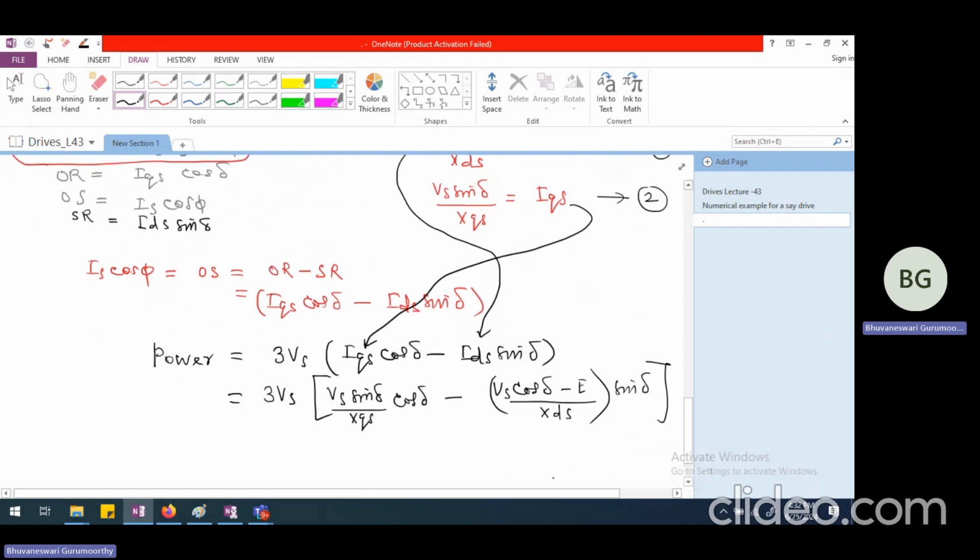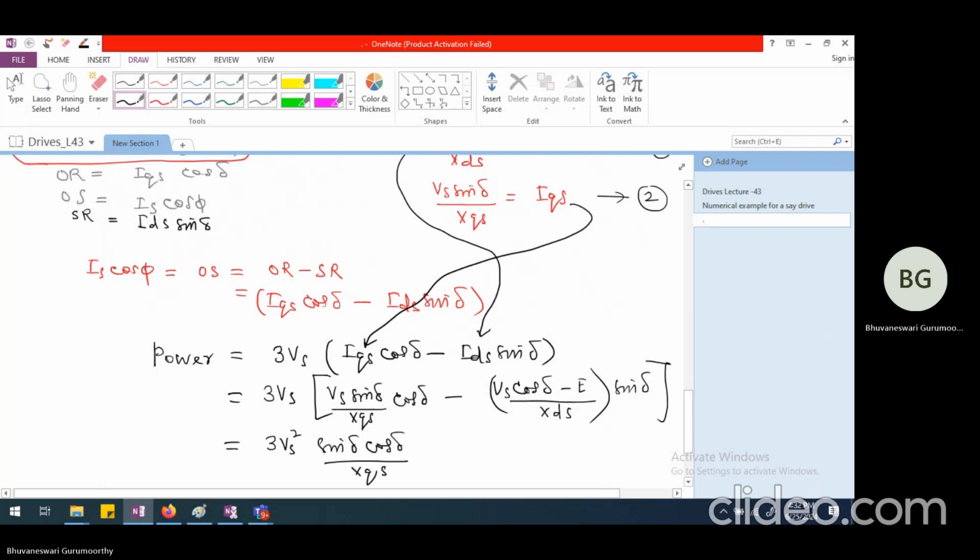Now, we can write this as 3Vs square sine delta cos delta divided by XQS. And here again, this is Vs cos delta sine delta divided by XDS.